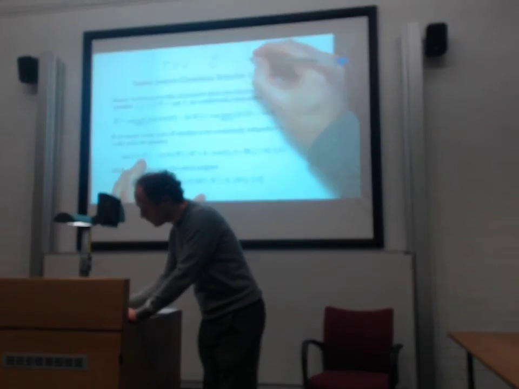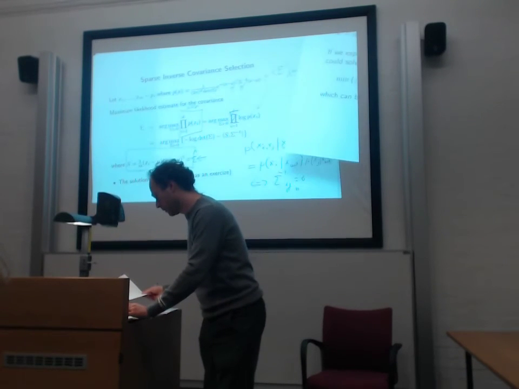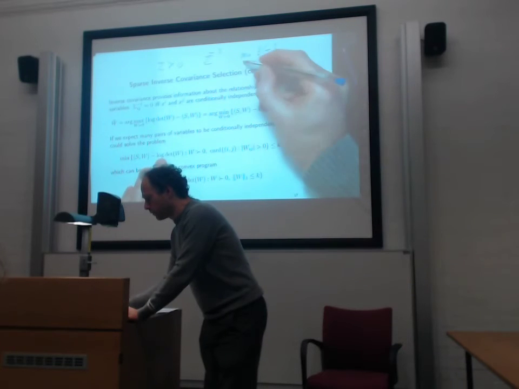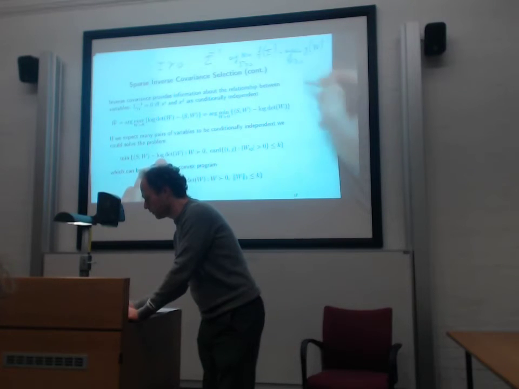So instead of minimizing my objective function, let's give it a name, f of sigma, the argmin is equal to the argmin of g of w, where w is sigma minus 1, and g of w is f of w minus 1.